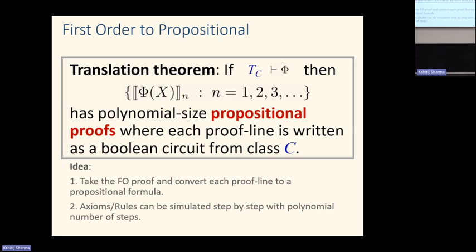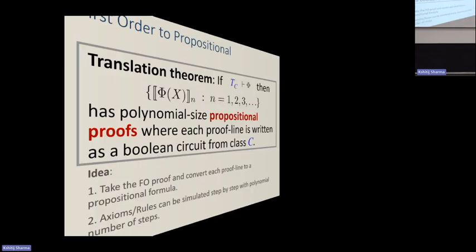The question is whether they have short proofs or not, in this case polynomial size proofs, where the size of the proof, either the number of lines or the total symbol size, is short or not, parameterized by the number of variables. So that's the distinction you might want to understand between something that is provable or not and something that has a short proof or not. And here I wrote the idea, but it's not important.